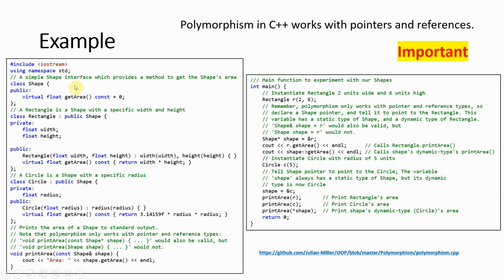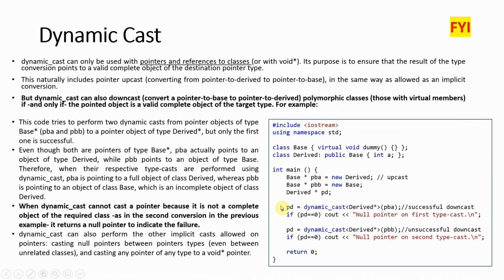Another example here. I'm only using pointer variables to show you the concept of purely virtual function, abstract class, and overriding function.